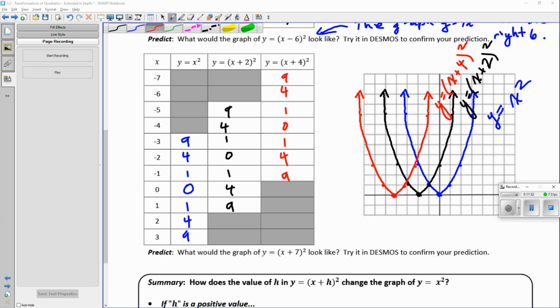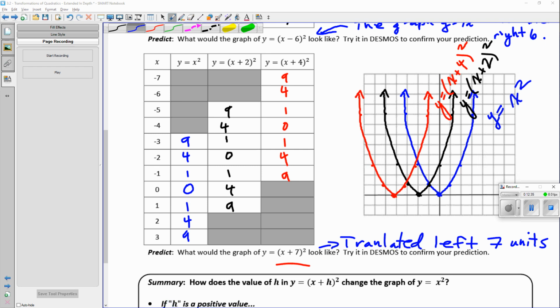Okay, so once you've done that, you would have realized that this new graph of y equals x plus 7 squared would be a translation of y equals x squared left 7 units. So x plus in the bracket means the stuff moves to the left. X minus in the bracket means the stuff moves to the right.